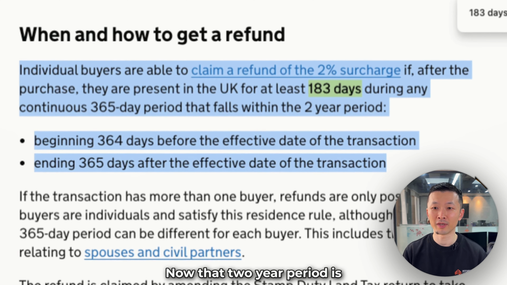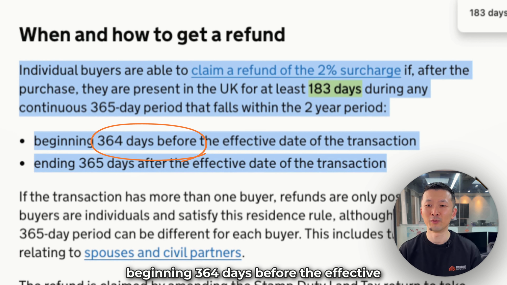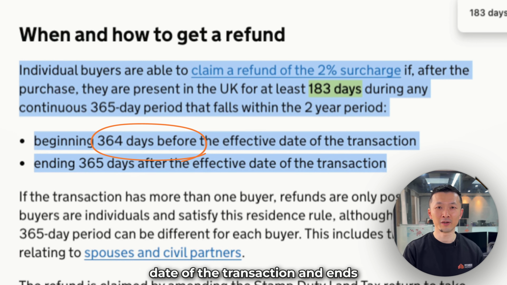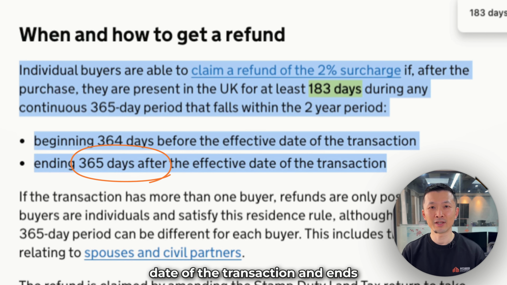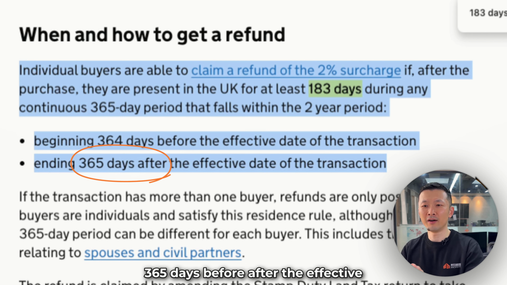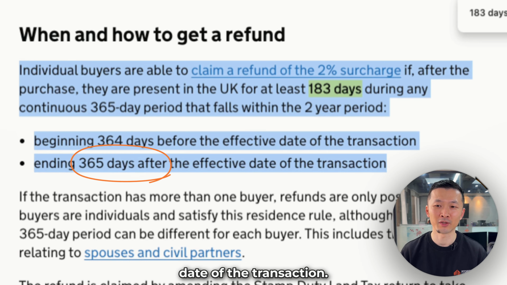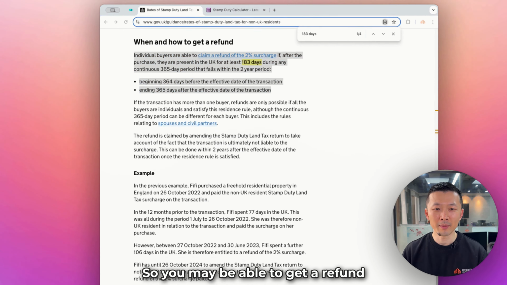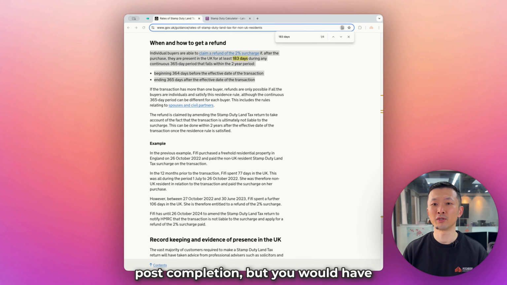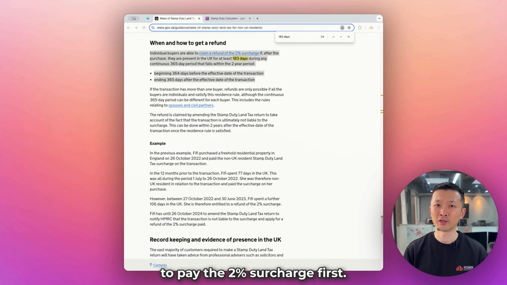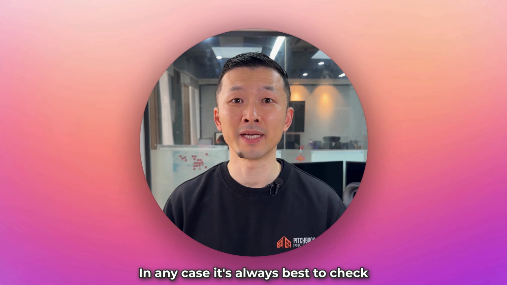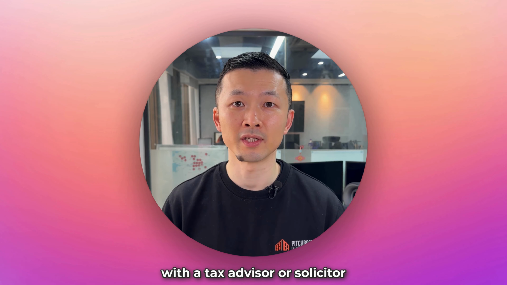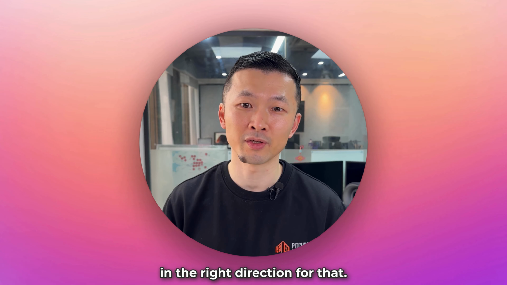Now, that 2-year period is beginning 364 days before the effective date of the transaction and ends 365 days after the effective date of the transaction. So you may be able to get a refund post-completion, but you would have to pay the 2% surcharge first. In any case, it's always best to check with a tax advisor or solicitor, which of course we can point you in the right direction for that.